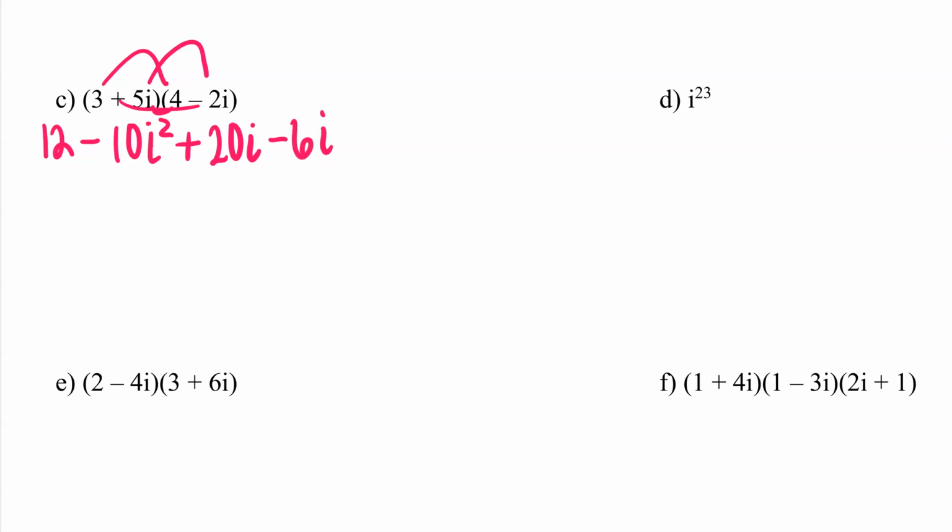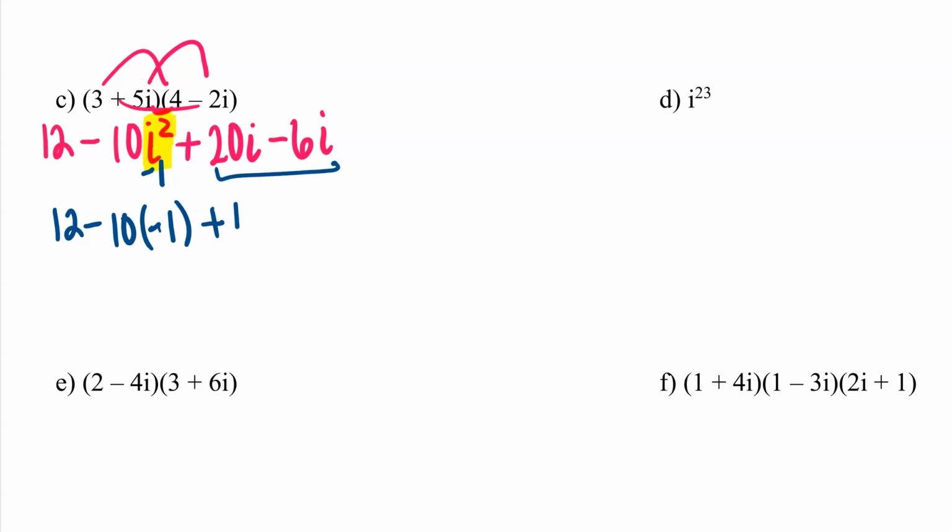I do it like this because for complex numbers, it's really easy to see the form, and you don't have to move stuff around. Now at this point, if you start gathering i squareds or thirds or fourths, whatever it is, we need to do something with it. So i squared, remember, is -1. So really you have 12 minus 10 times -1, and I'm just going to combine my i's over here.